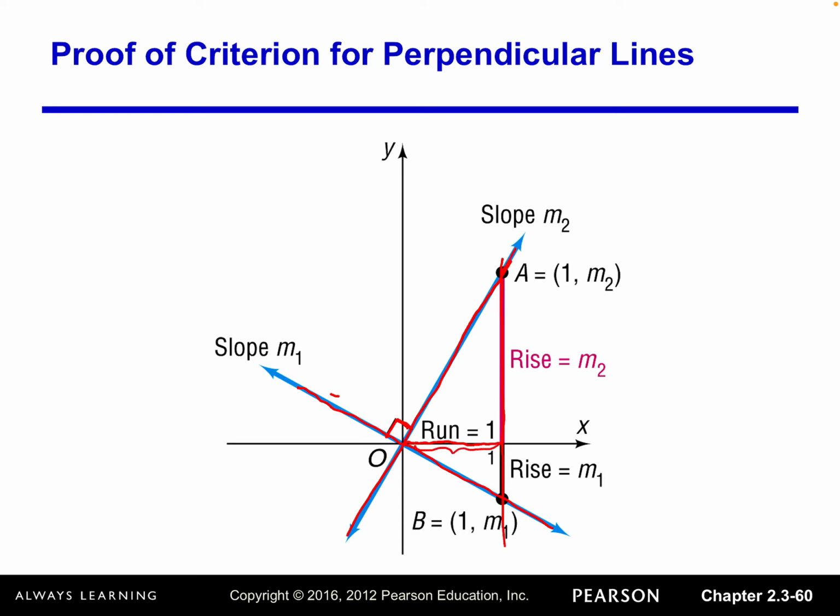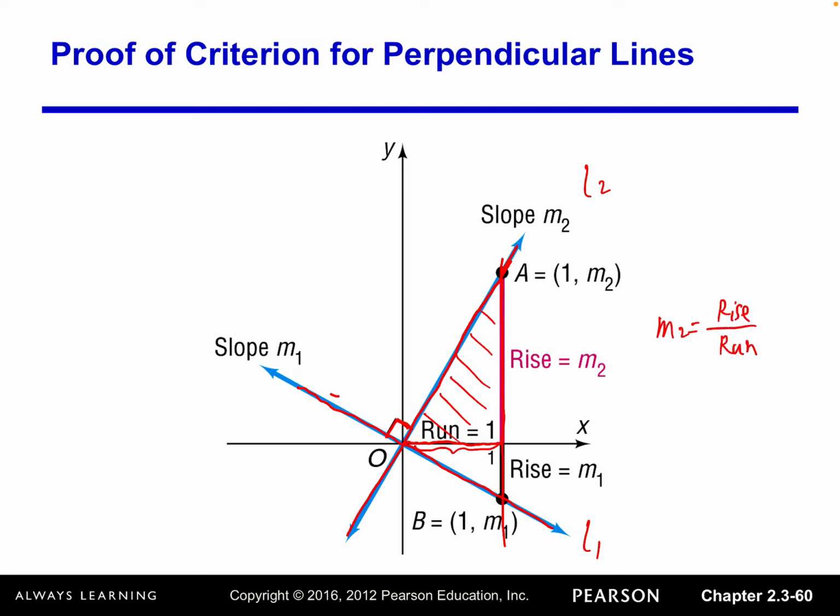If we say this is L1 and this is L2, with line L1 having slope M1 and line L2 having slope M2, then we can easily see the rise over run for this right triangle, rise over run, that's M2.